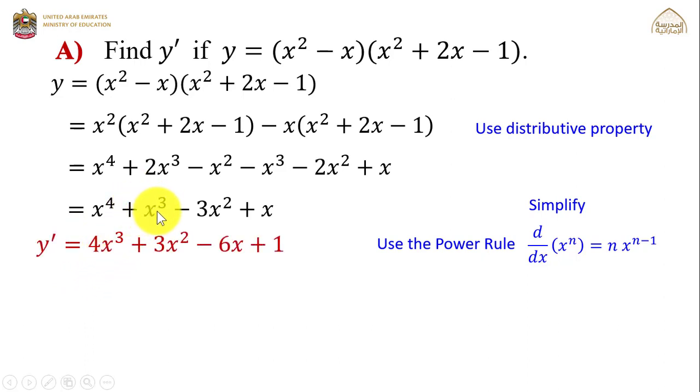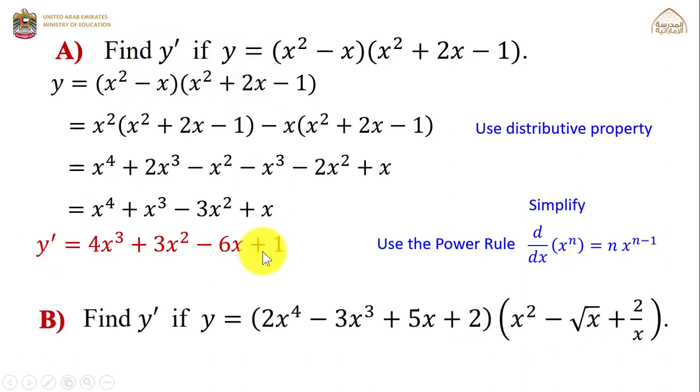Same way with x to power 3, we get plus 3x to power 2 minus, bring the power as a coefficient, then multiply the 3 by 2 equals 6, then reduce the power by 1 equals positive 1 plus 1. This is the derivative of the function we have.